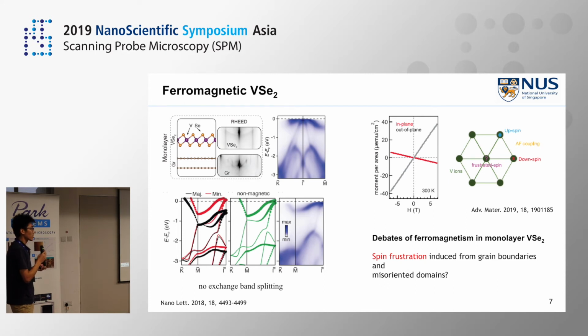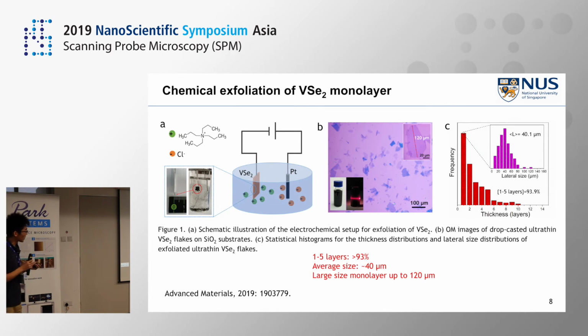So it is necessary to introduce another method to prepare the monolayer VSe2, especially a top-down exfoliation method. Here we use a very simple preparation method, electrochemical exfoliation, using big organic molecules to intercalate inside the interlayer gap and expand the flakes.